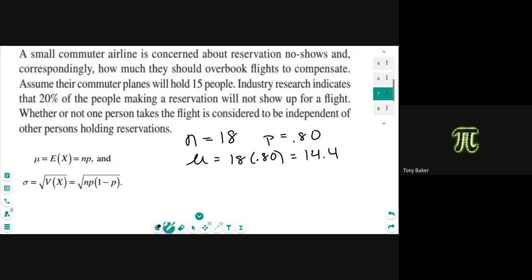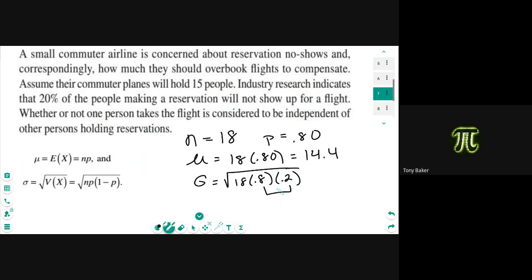Because the only way for us to find the z-score is with those two pieces of information. So these formulas give us the mean and the standard deviation. They're not necessarily going to be given to us in the problem. We're going to have to find them, and that's these two formulas. So my standard deviation is the square root of 18 times 0.8, and what's the 1 minus the P? That's the 0.20.